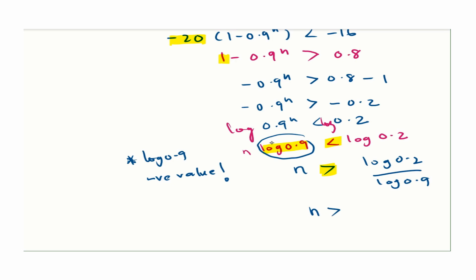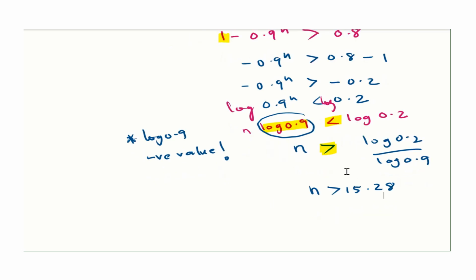So then finally we get n more than 15.28. Okay, so jadi Medan dapat n more than 15.28.